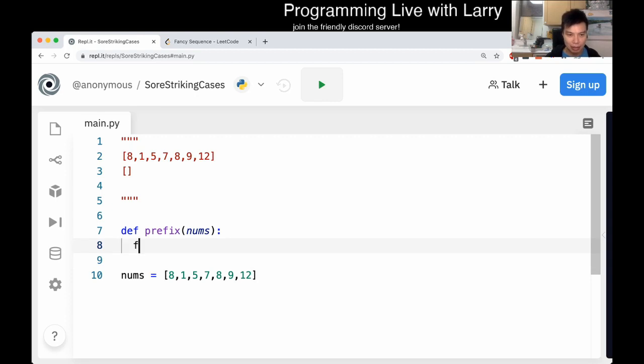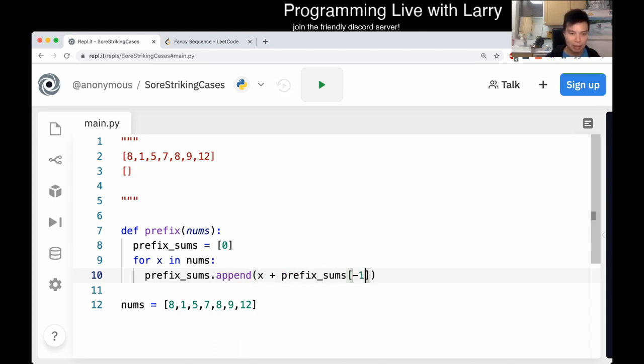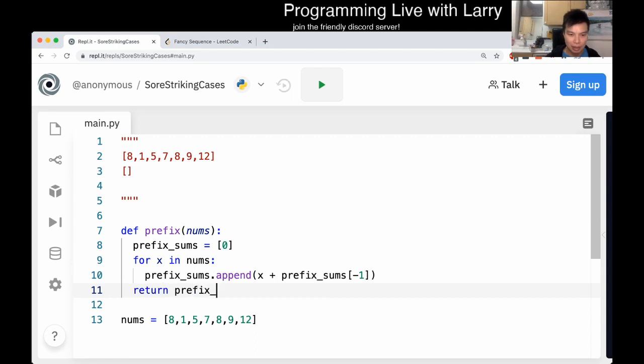And you could do something like for x in nums. Let's start with 0 as a prefix because that just contains 0 elements, but I'll go over what this means in a second. Append x plus the last element of prefix sums, return prefix sums. So now we can just print nums and prefix sums, right?